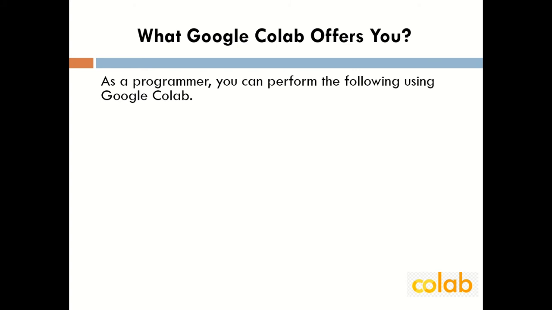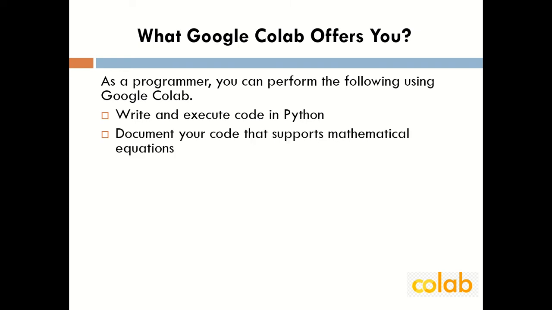As a programmer, when you want to go ahead with Google Colab, which kind of functionalities does Google Colab offer you? So that is, write and execute code in Python. You can write any code, but the basic language is Python. Then document your code, which supports mathematical equations. So even that can be done in Python. You can create, upload, and share notebooks through your Google Colab.